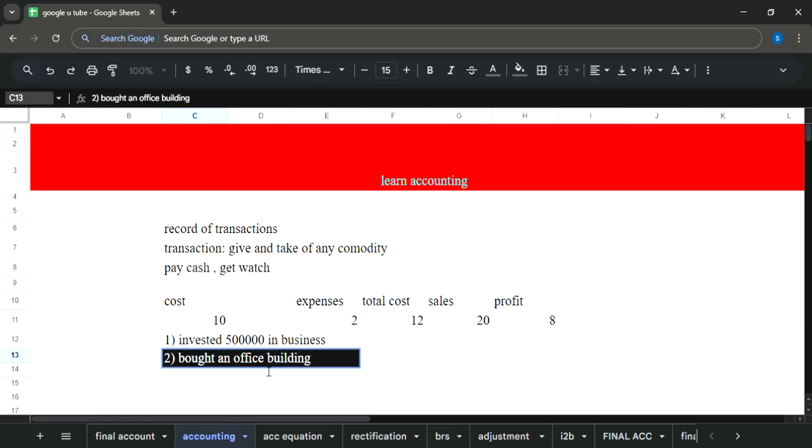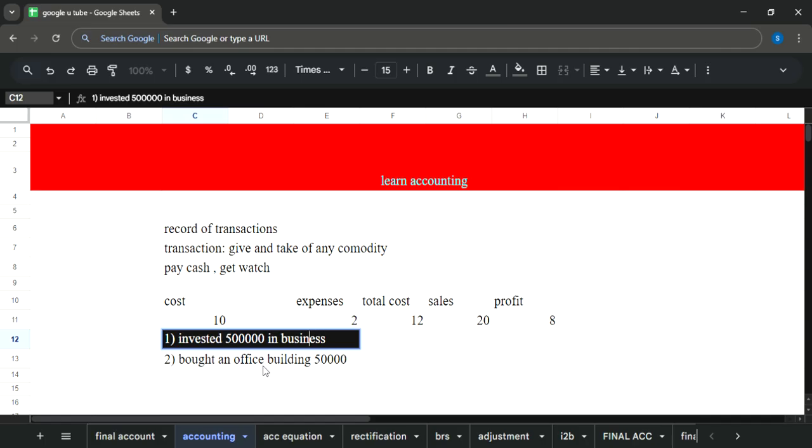Say the amount of that office building you have spent to purchase is $50,000. You may consider that we are following dollars. So with $500,000, you have started a business. After that, you have bought an office building for $50,000.